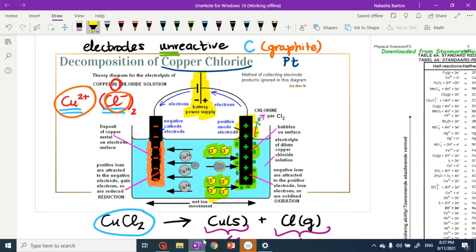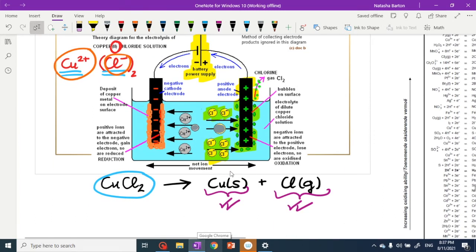When they get to the positive electrode, which is the anode, oxidation is going to take place. So each chlorine ion is going to lose its extra electron. Those electrons will enter the circuit and they will move towards the cathode. So they're going to move in the circuit.